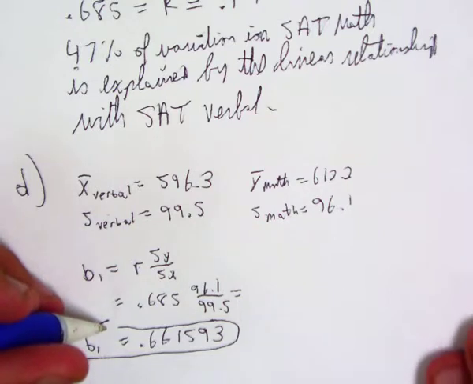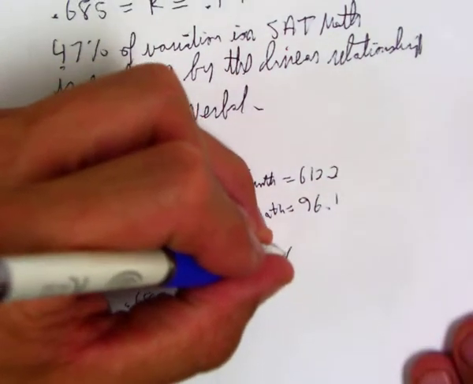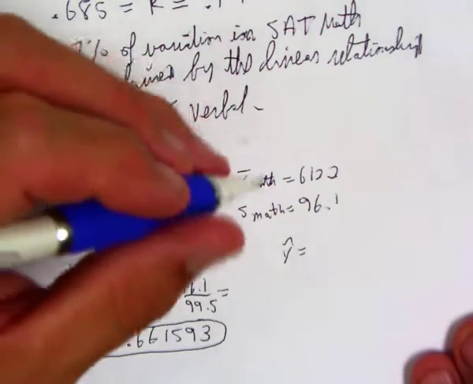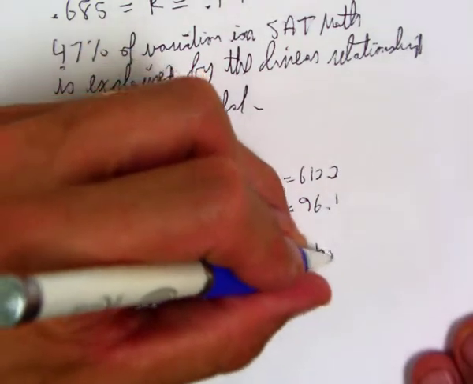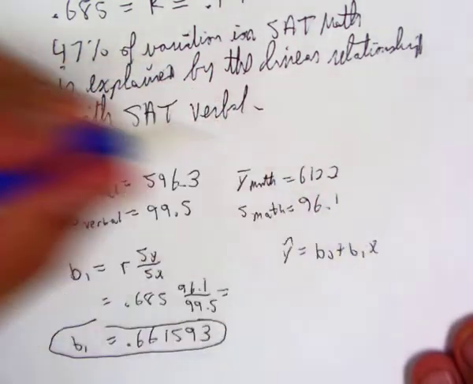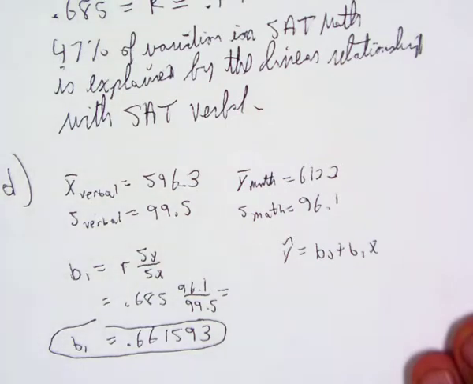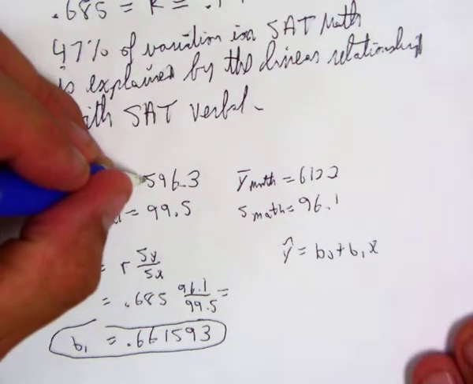Okay, and then we know that Y predicted equals b sub 0 plus b sub 1 x. So we know that the mean point is 612.2 and 596.3.